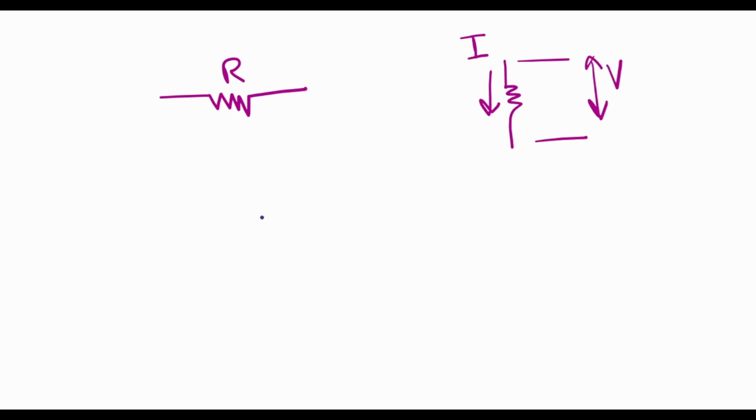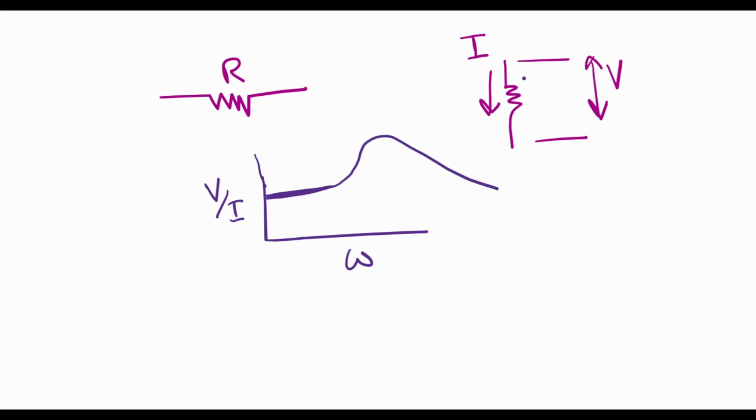And then as a function of the frequency, if I plot V over I, this, let's say, I don't know what this device is, but if I measure the voltage and the current, let me change this from this resistor to, let's say, a black box.